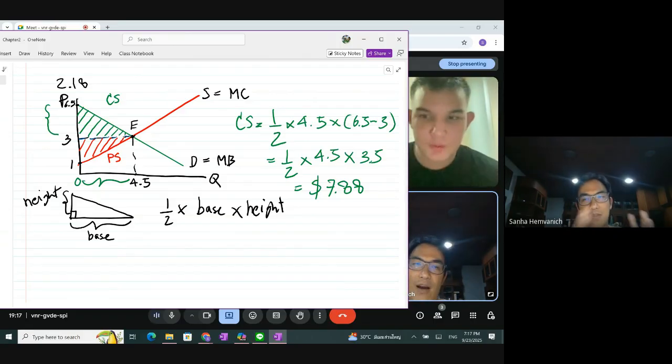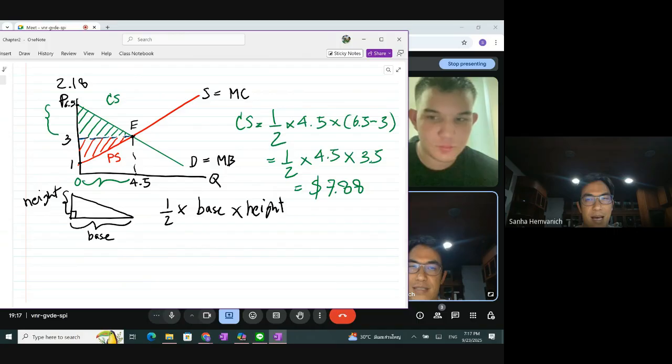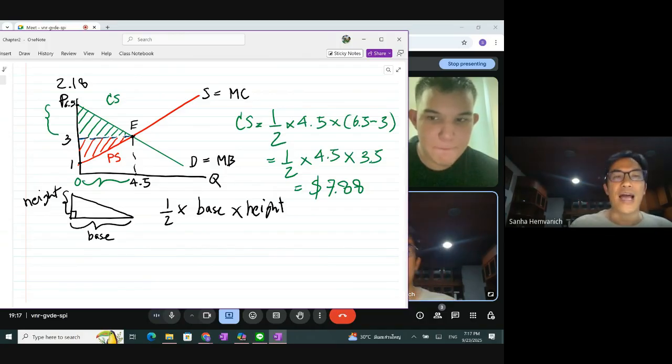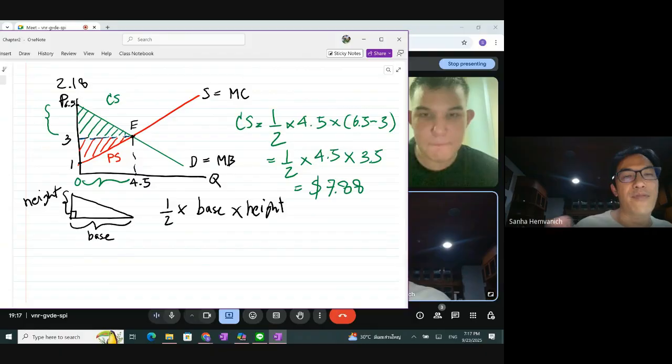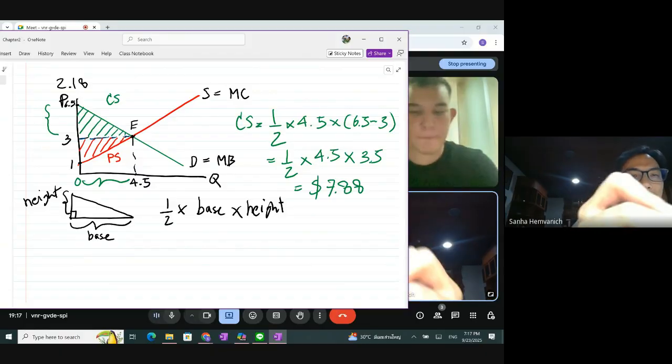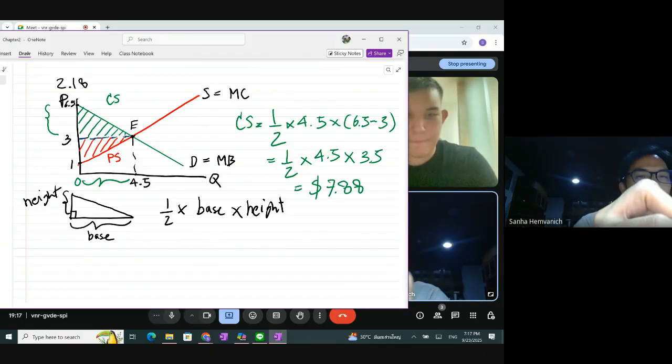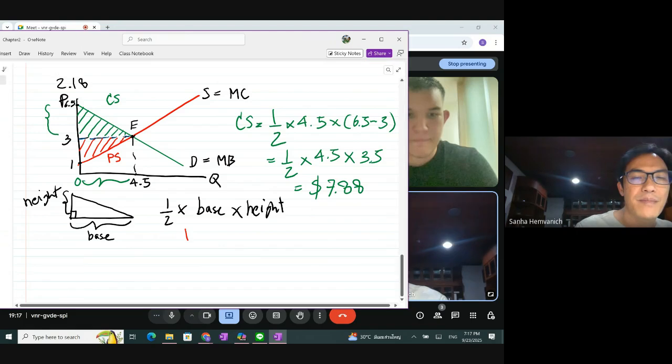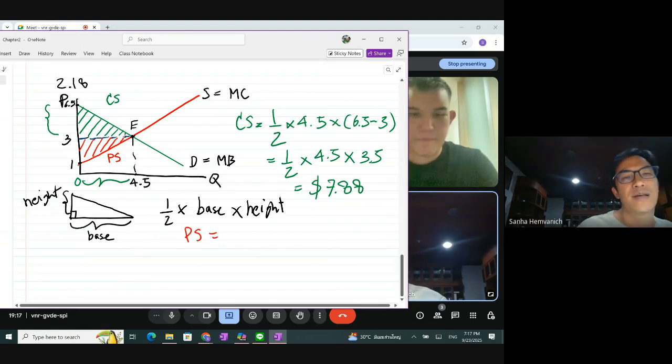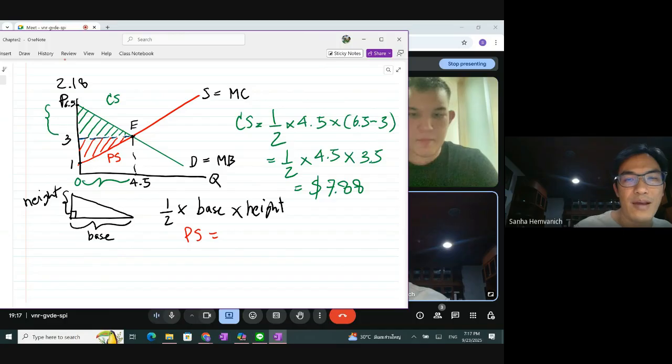Since there is a dollar sign, the value is in terms of money. The area of the triangle has a unit of US dollars. And for the PS, it's the same thing. The base is the same, 4.5.